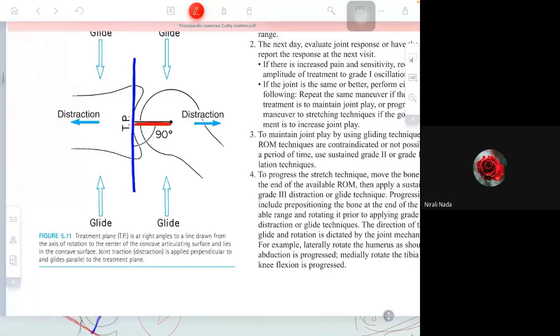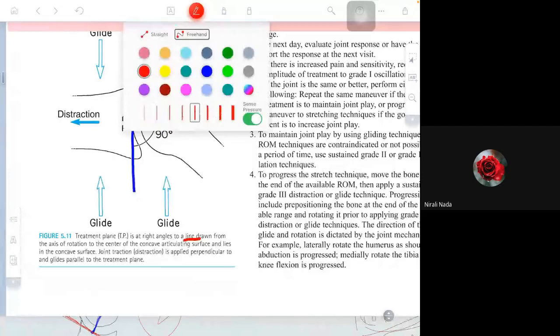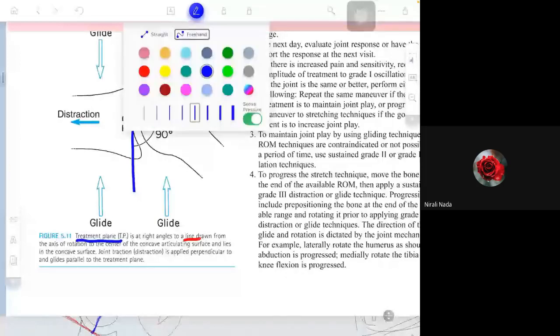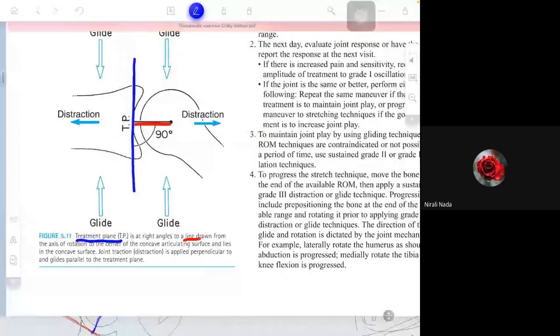The treatment plane, that is blue color, is at right angle to the line. This is red color. The treatment plane is blue color, and the line which is mentioned is red color. The treatment plane is at right angle to the second line.